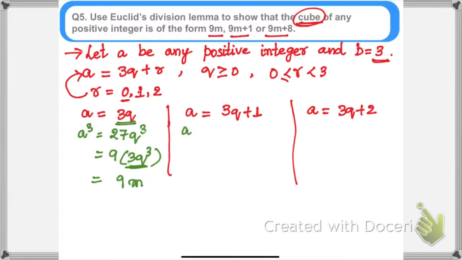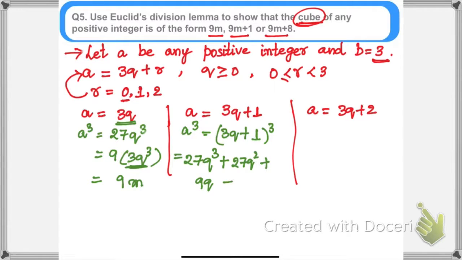Cubing these two, you'll get a cube equal to (3q plus 1) whole cube, and that will give you a cube, that means 27q cube plus 3a square b, that means 27q square, plus 3ab square, that means 9q, plus b cube, that is 1.